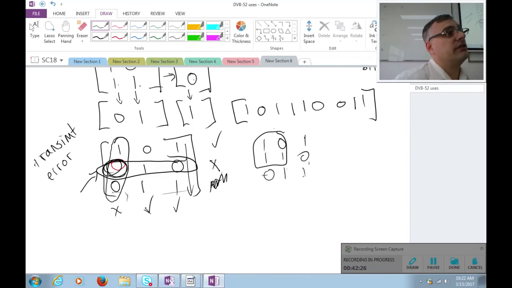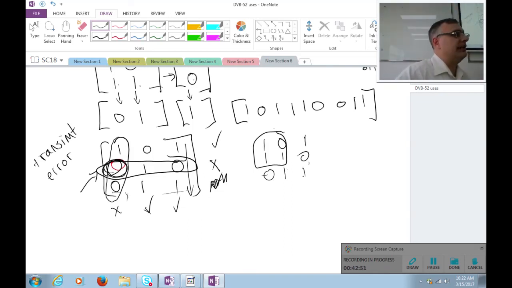Yes, both have errors. On one side, the parity check will give the same results. Yes, yes. So the scheme that I've shown here only works for correcting one error. If you have more than one error, this simple scheme doesn't work, right?